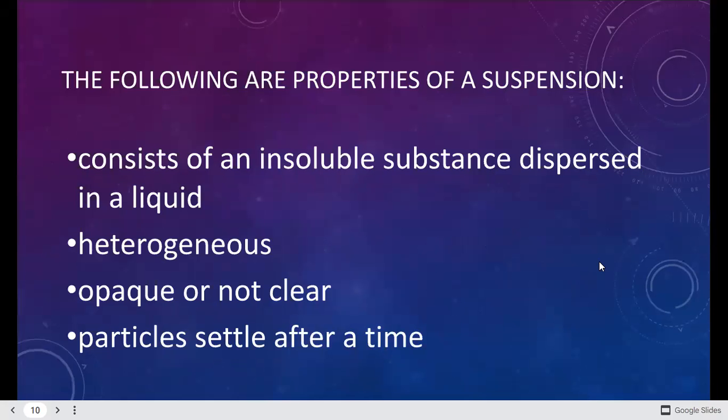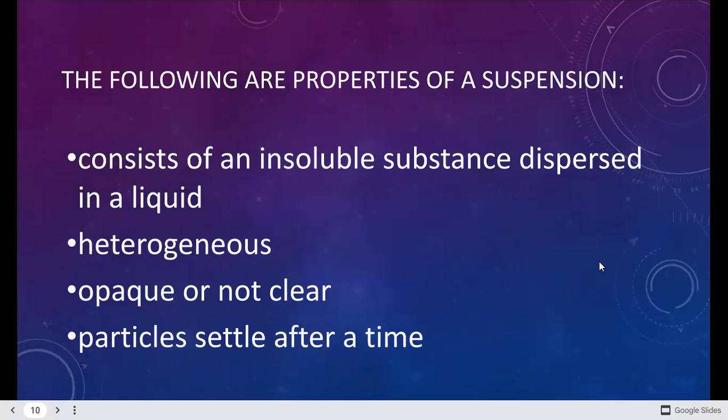The following are properties of a suspension. Number one, it consists of an insoluble substance dispersed in a liquid. We say dispersed, scattered in the liquid. Second, it is a heterogeneous mixture.